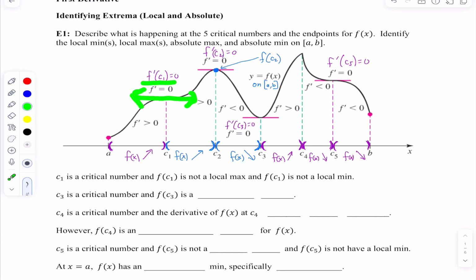So notice the slope of the tangent line evaluated at this first critical number is 0, but that doesn't necessarily indicate a local min or local max. And that is because the function was increasing in the interval before the critical number, and the function was also increasing in the interval after the critical number. So be aware of how the function increases and decreases, and that will help us determine whether or not we have a local max or local min at a critical number.